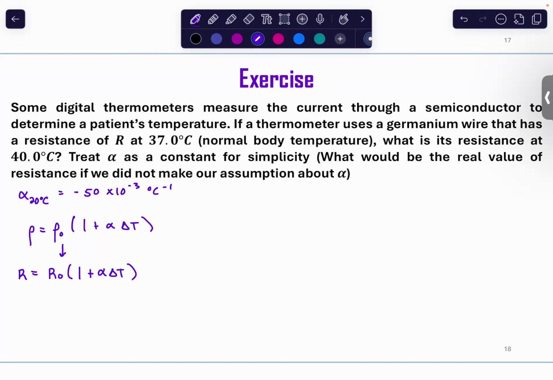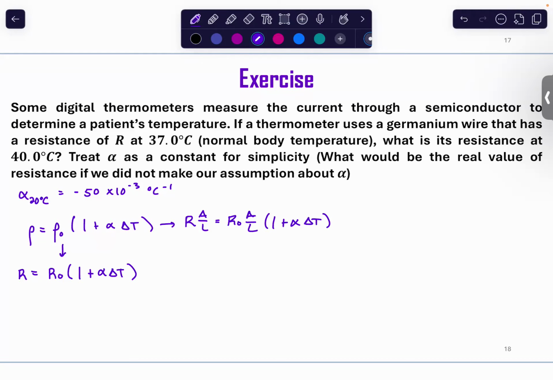So if I put in, let me make this easier to read. You see, I can divide out the A over L and I end up with the resistance equation.